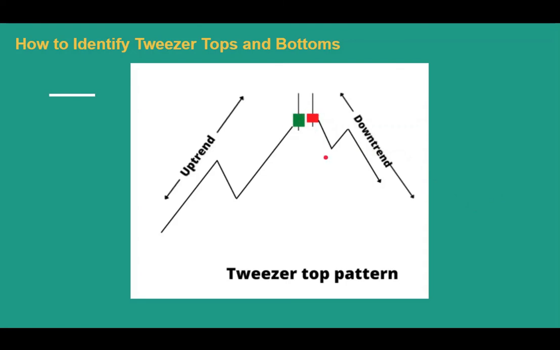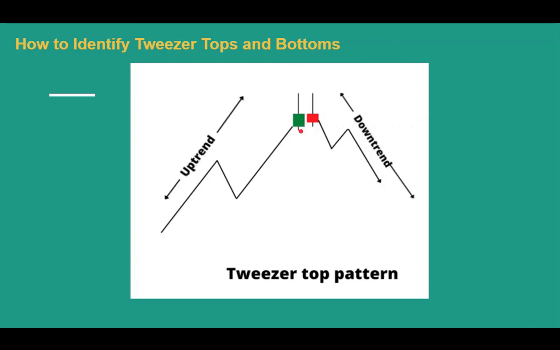Finding a solid trend in the prime is the primary requirement for the tweezer trading method. So when the market is moving up, as you can see here, price continues to increase. However, a sudden bearish candlestick, similar to the latest bullish candlestick, appears and negates the bullish movement. This is how a tweezer top pattern appears, which indicates bearish pressure.